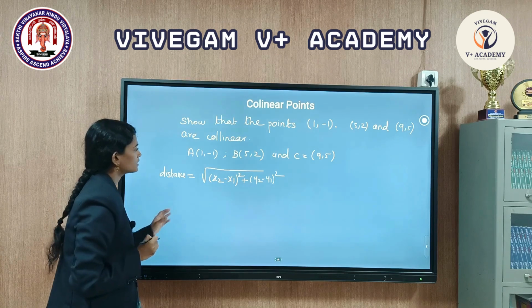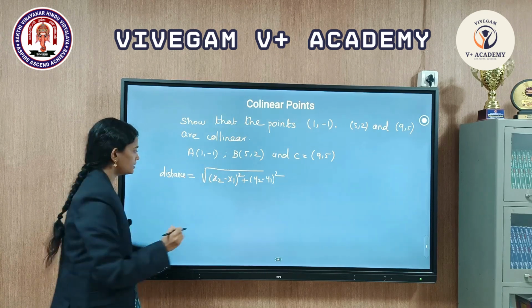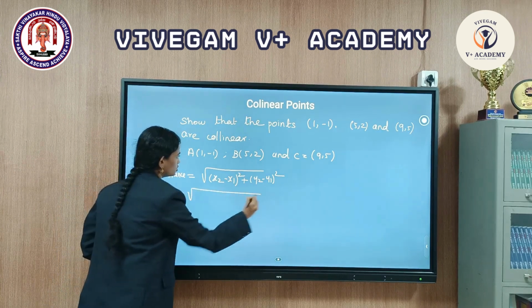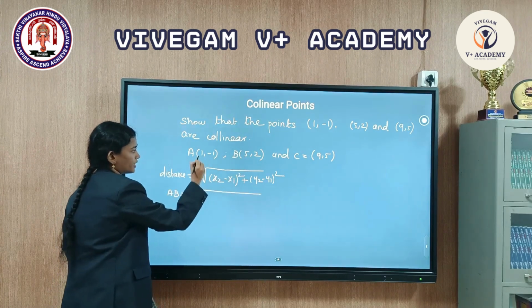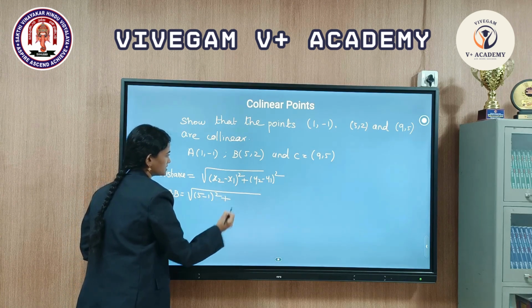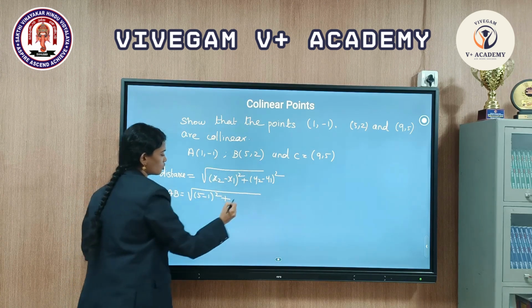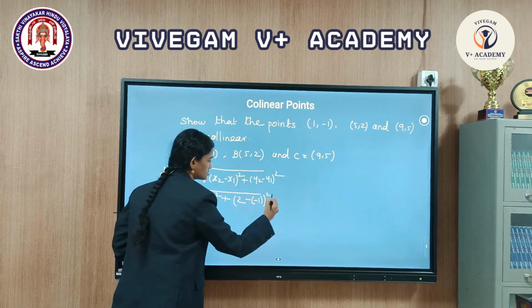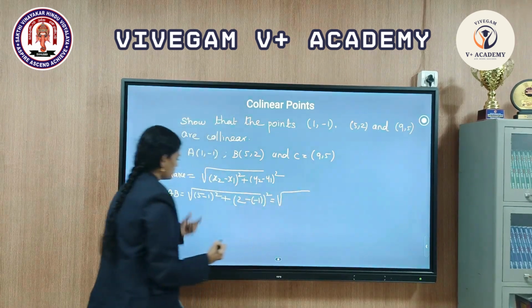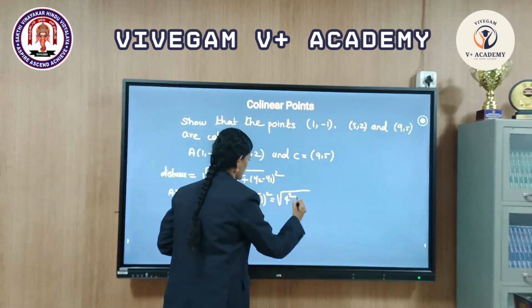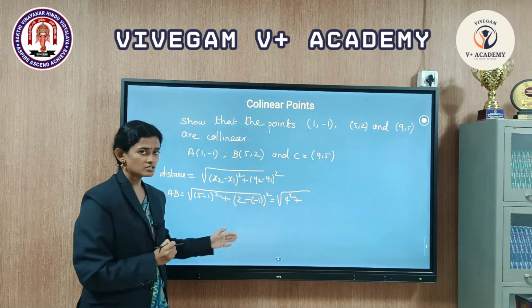Now I am going to calculate the distance between A and B. So AB is equal to root of (x2 minus x1), so (5 minus 1) the whole squared plus (y2 minus y1), so (2 minus of minus 1) the whole square. 5 minus 1 that is 4 squared plus 2 minus of minus 1.